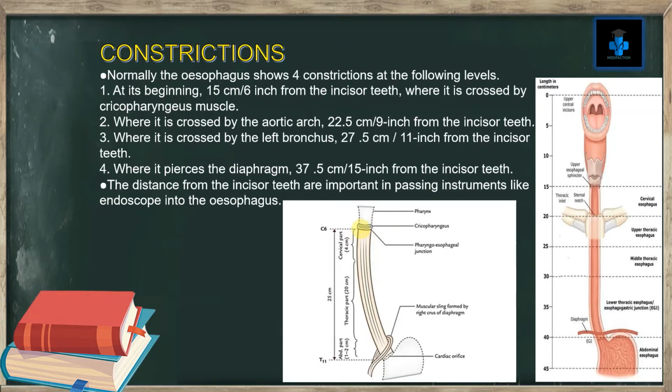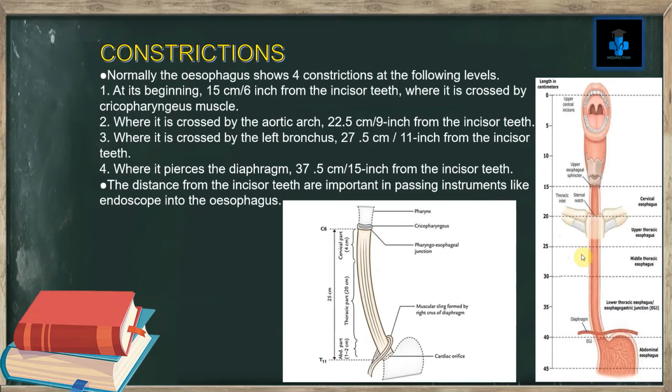Number two, the second constriction, is where it is crossed by the aortic arch, which is at 22.5 cm from the incisor teeth. The third constriction is seen where it is crossed by the left bronchus, approximately 27.5 cm from the incisor teeth.